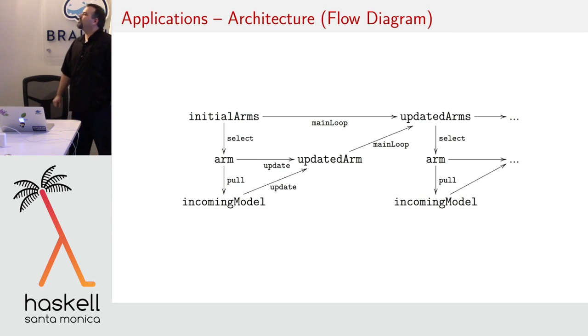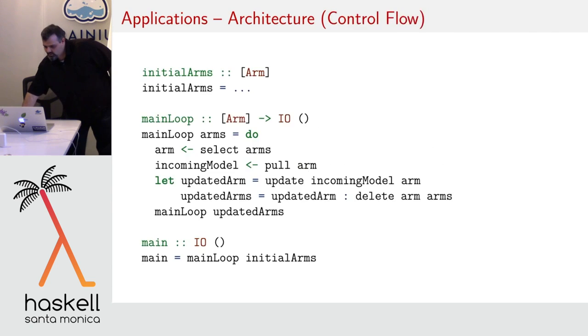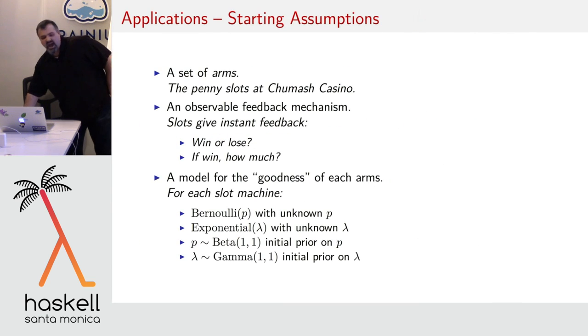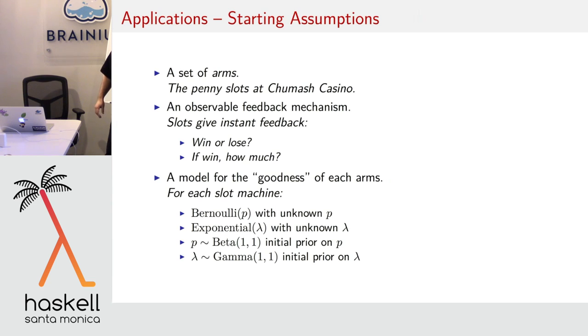It's not going to tell us if it's winning, but it'll tell us if it's better than the others, right? This one will give us an idea of what the unknown p is and what the unknown lambda is for each of our slot machines. Whereas the psi function before is just comparing two unknowns.